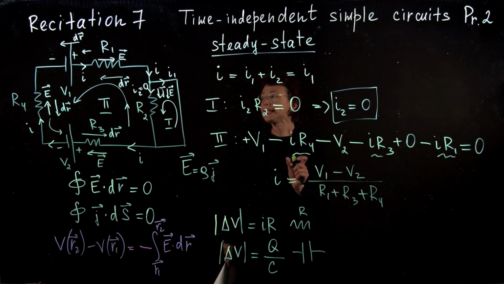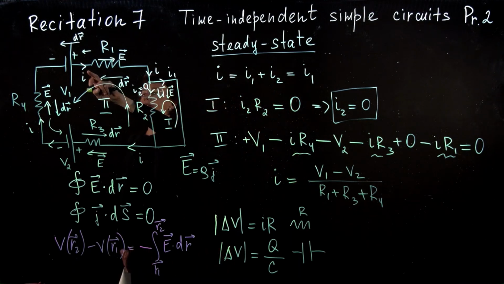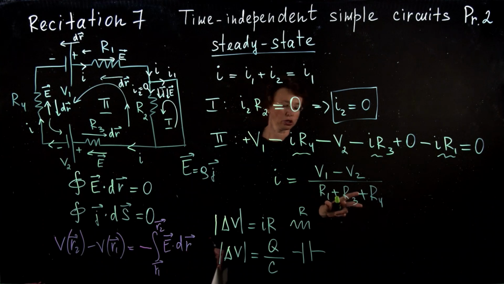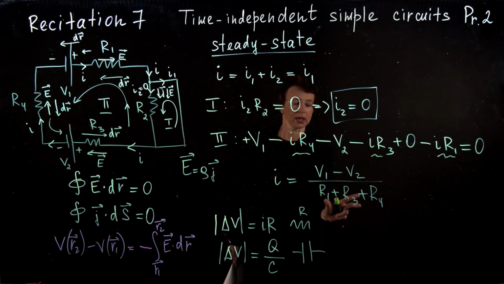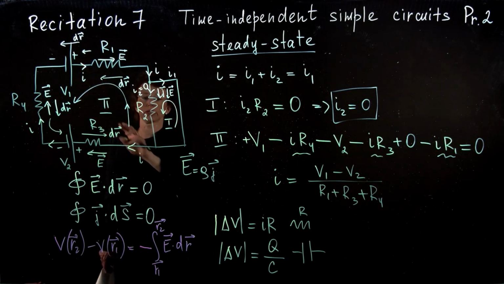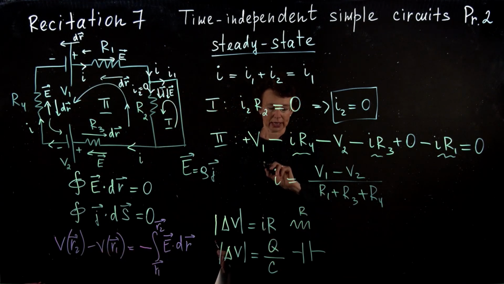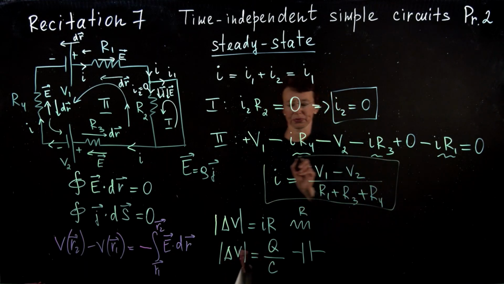That's why it's really important to indicate the direction that you choose for the current, and you stay with it and you leave it on your paper as it is. This way I know what your answer means. So this current that you found corresponds to this direction, and that's how I will understand that your solution is the correct solution. We found the current.